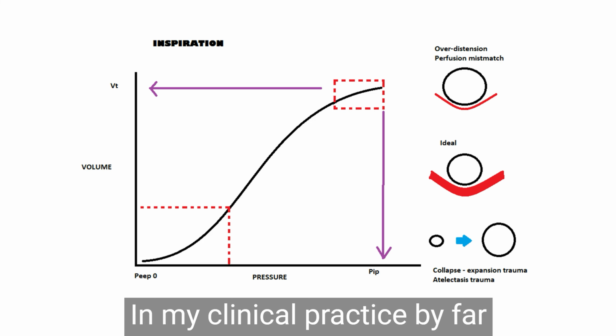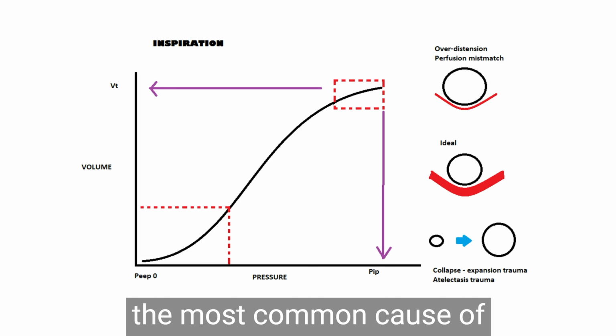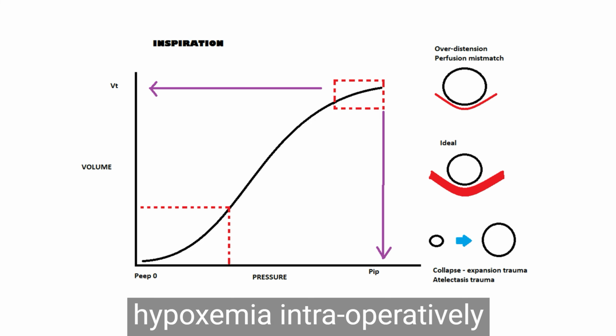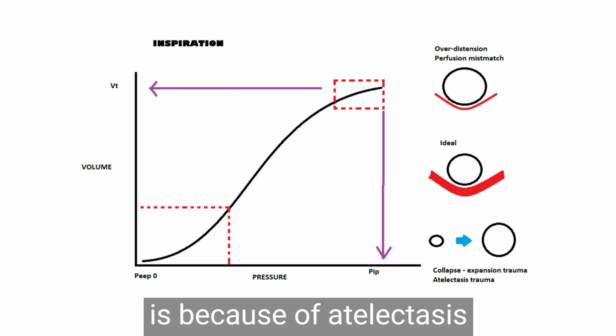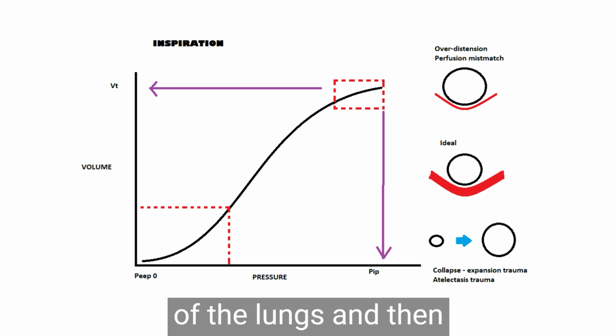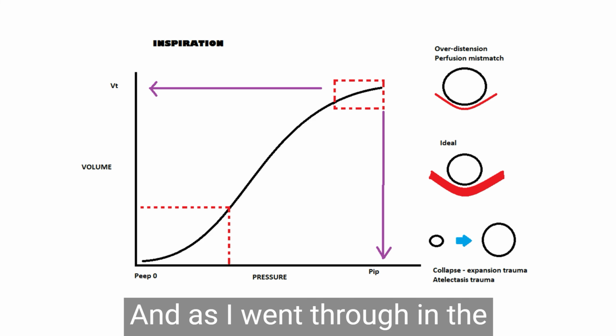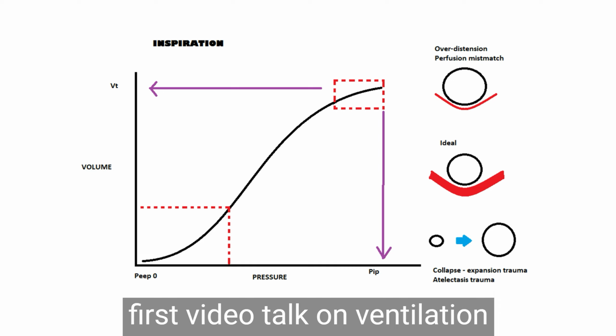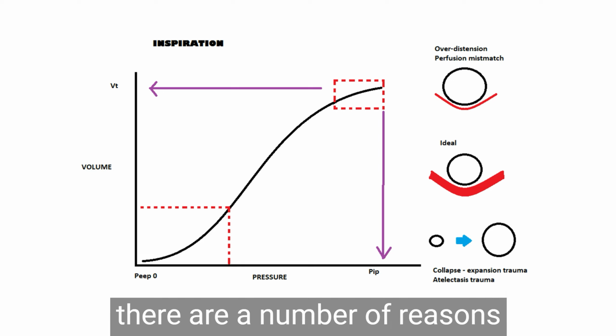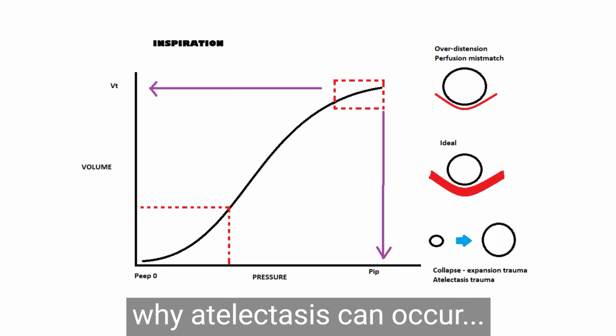In my clinical practice, by far the most common cause of hypoxemia intraoperatively is because of atelectasis of the lungs and then shunting within the lungs. And as I went through in the first video talk on ventilation, there are a number of reasons why atelectasis can occur.